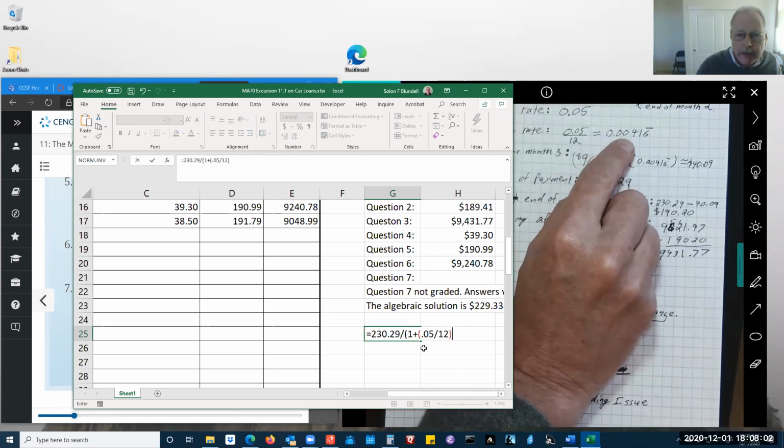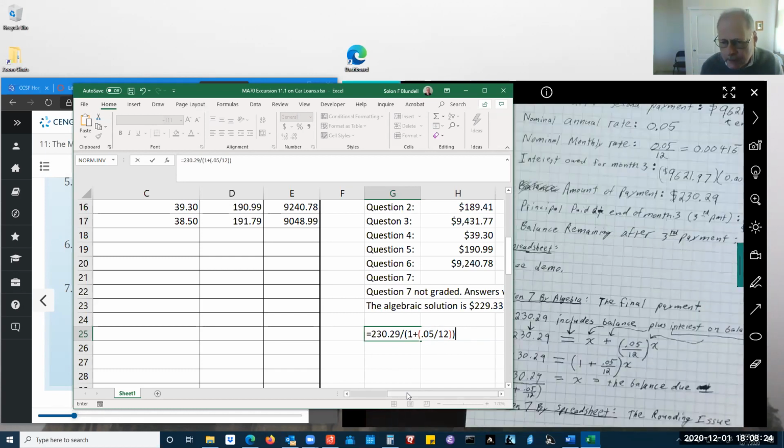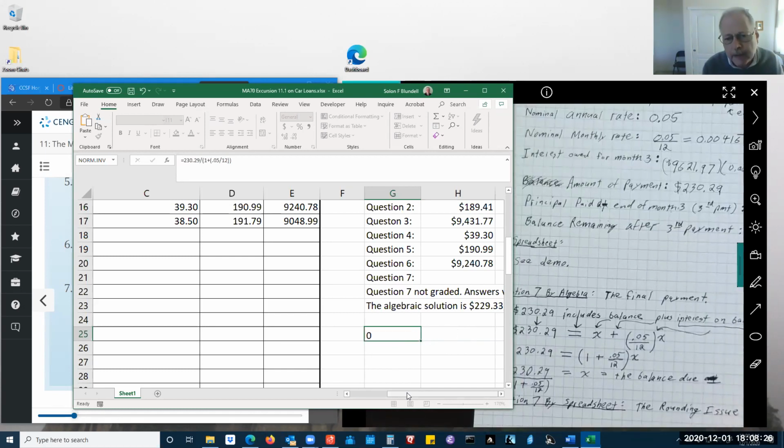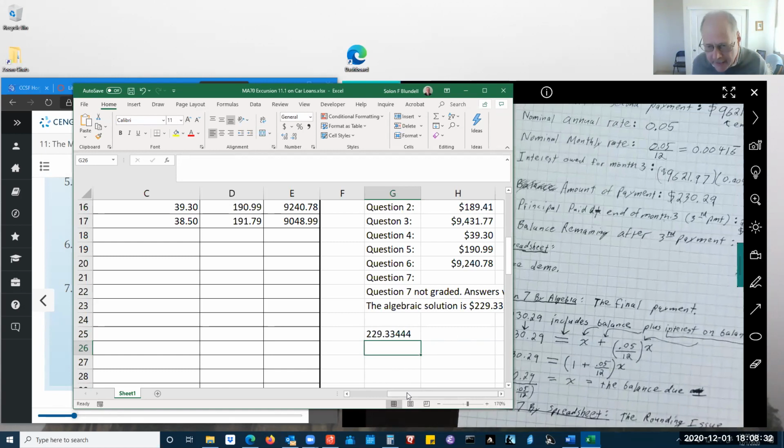That's the 0.00416666. But don't type that in and don't round it off. You just put it in here just the way it is, and then you'll get an exact calculation. Okay. I just say enter. And there's my remaining balance.